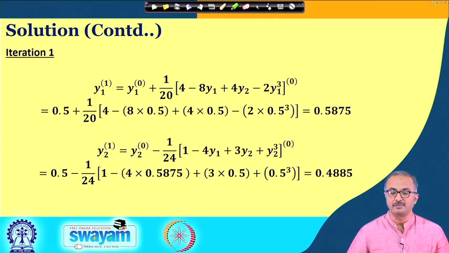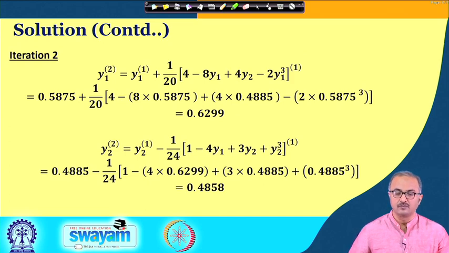Now please understand that depending on which expression you are taking, the direction of the movement of these roots will also change. Now after this we can move on to the second iteration. We take the updated value of y1 and y2 and we again find the updated value of the y1, and now it is coming to 0.6299, and we do a similar thing for y2 and we find it is coming to 0.4858.